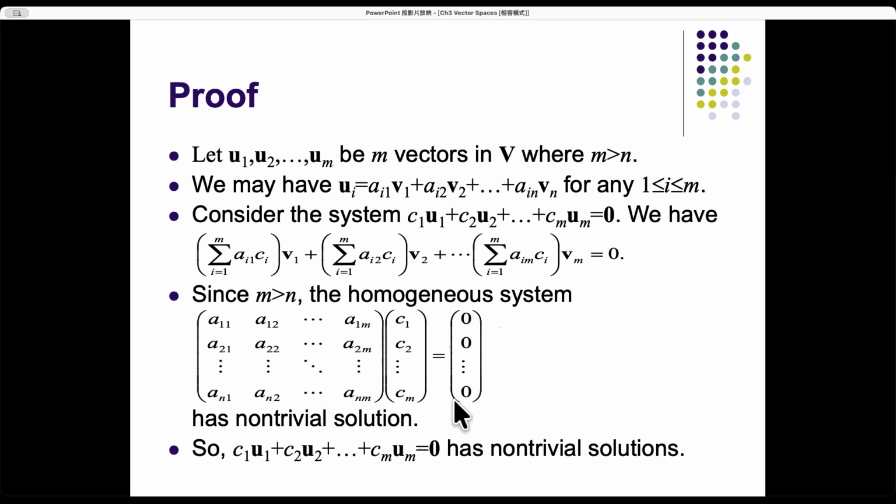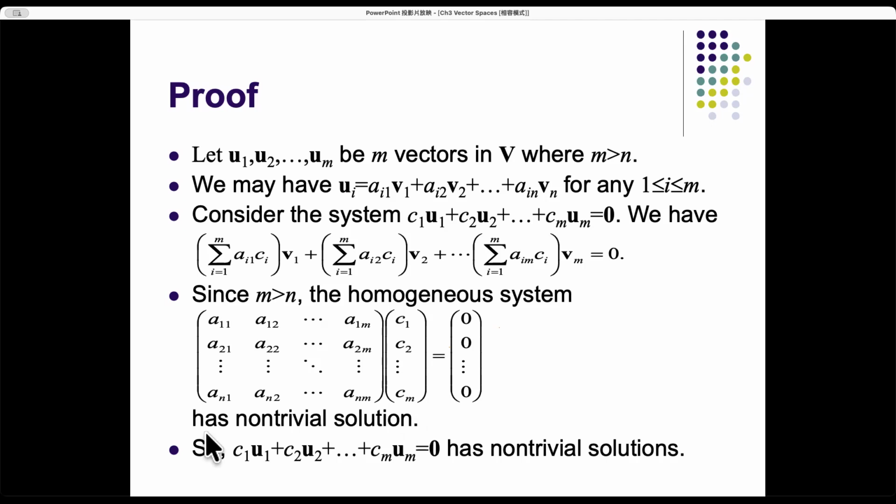So you have some free variables. In other words, you can assign those free variables. When I say free variables, I mean some of these Ci's will be free variables, and you can assign those Ci to be non-zero. So this Ci has a non-trivial solution.